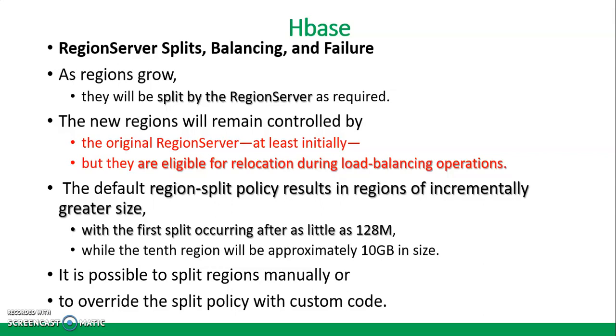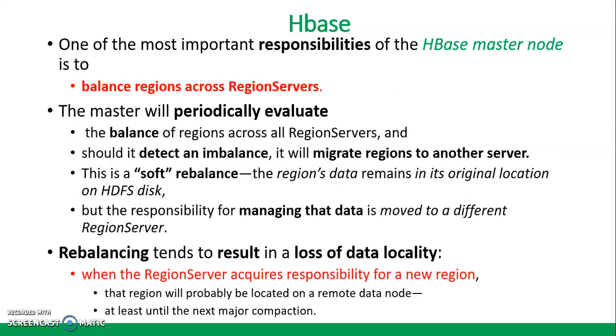The default region split policy results in regions of incrementally greater size, with the first split occurring after as little as 128 MB, while the 10th region will be approximately 10 GB in size. It is possible to split regions manually or to override the split policy with custom code.